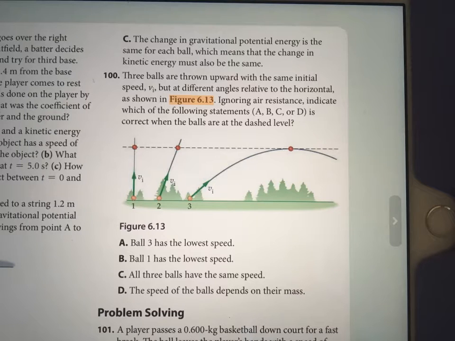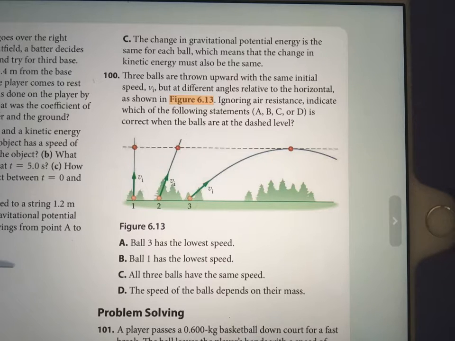I guess 1 and 2 are still moving in both y and x, while 3 has stopped moving in the y. Correct. So 1 is still moving vertically. 2 is still moving horizontally and vertically. 3, though, stops moving vertically for that instant in time. Why is that happening again? What's the difference in them?